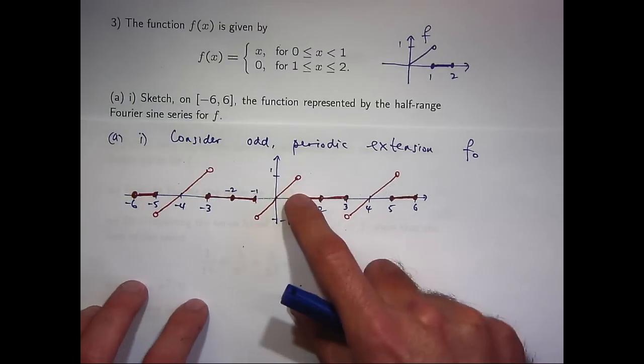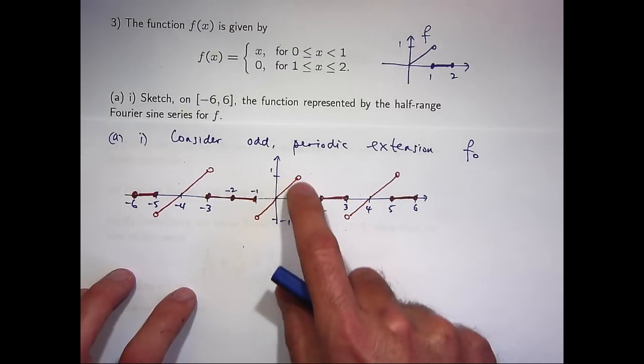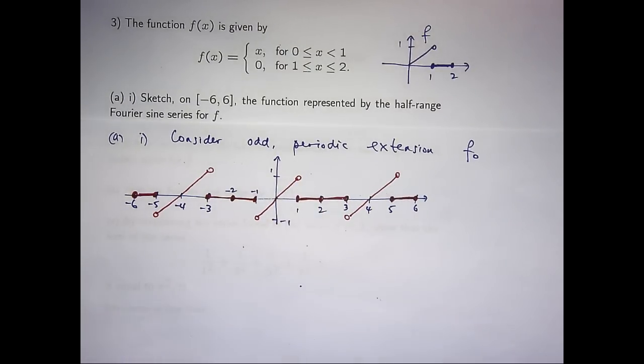Essentially, the graph's going to be the same except at these jump points where the value of the Fourier series is just going to be the average of the left-hand limit and the right-hand limit. So let me show you what I mean.